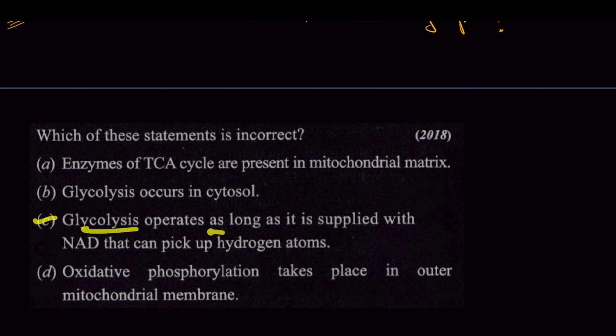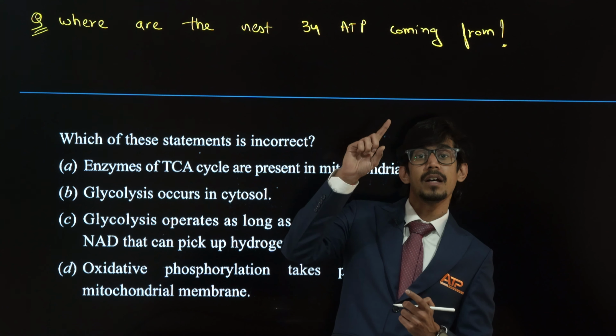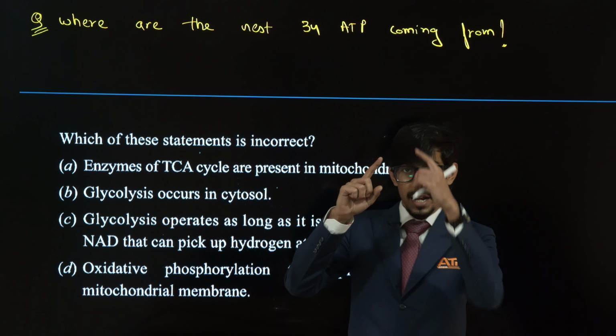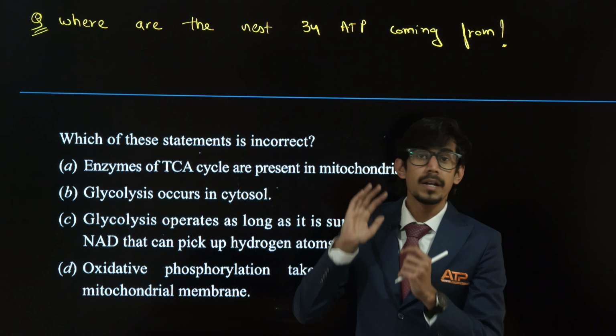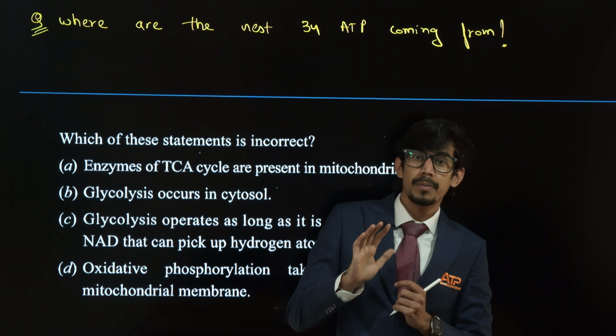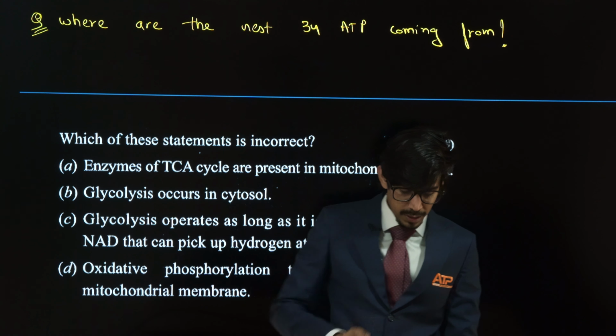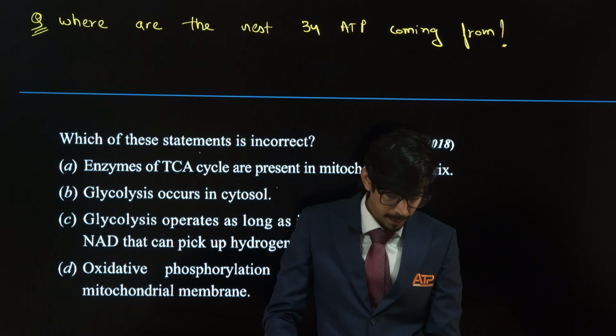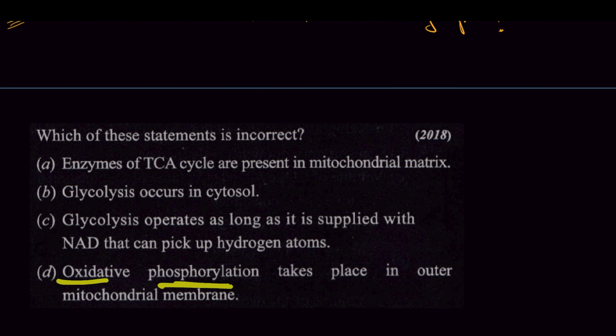Glycolysis operates as long as it is supplied with NAD that can pick up hydrogen atoms. This is also correct because NAD was required to take up the hydrogen atoms and we were getting NADH. If that NAD is not present, then glycolysis cannot take place. So this statement is also correct. Statement D is oxidative phosphorylation takes place in the outer mitochondrial membrane.